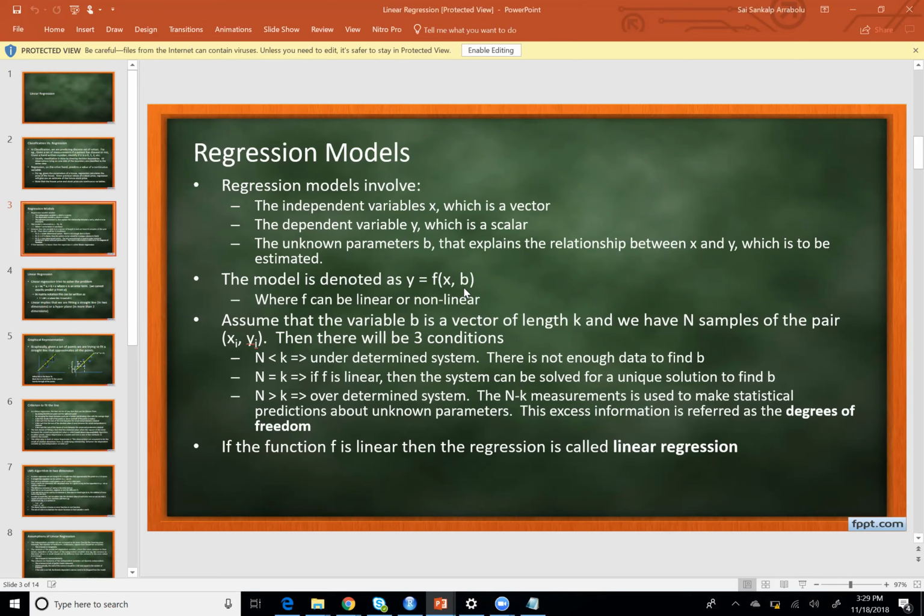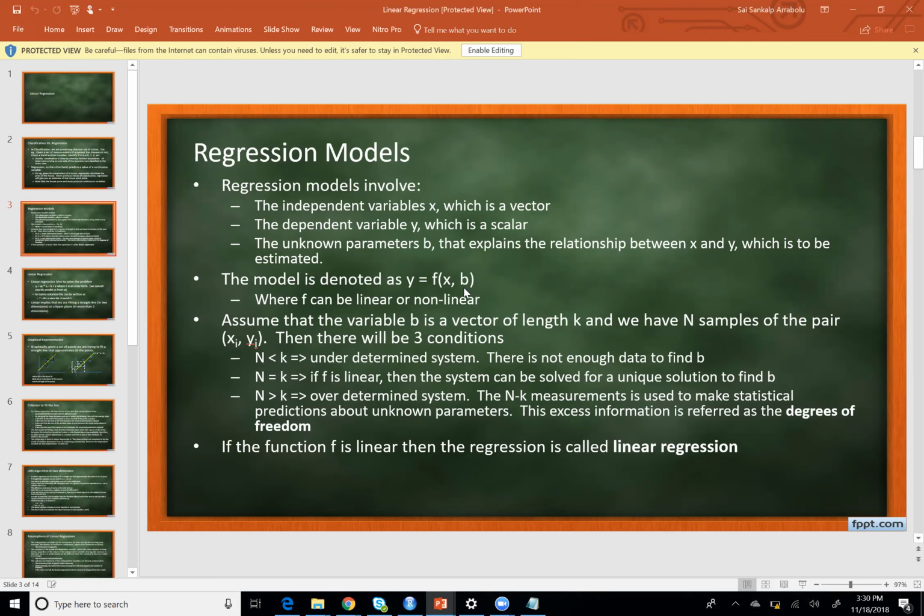I think all of you must have done this in high school: when I give you two variables to find and one equation, can you find it? No, right? Because to solve for two variables, you need at least two equations. Similarly, when you don't have enough data points to solve for each individual variable, it becomes an underdetermined system.